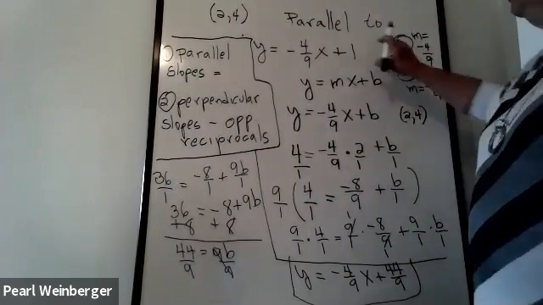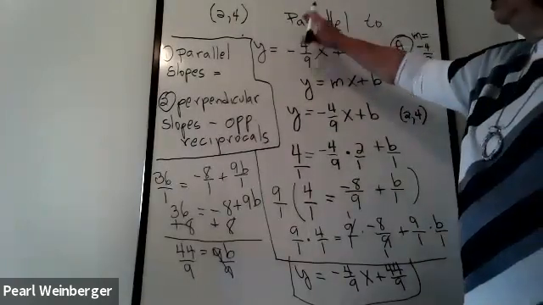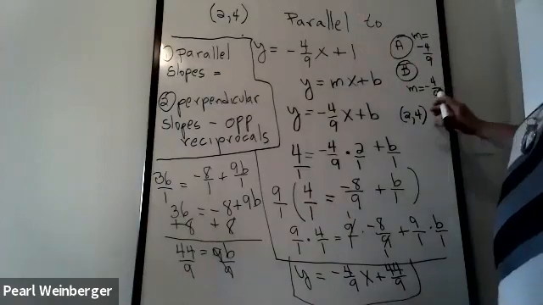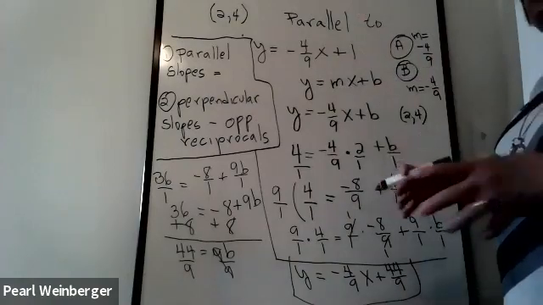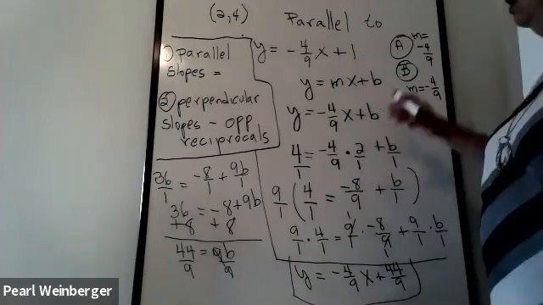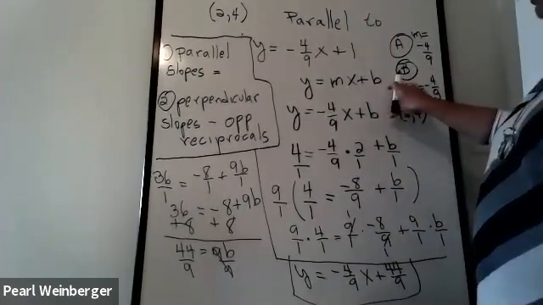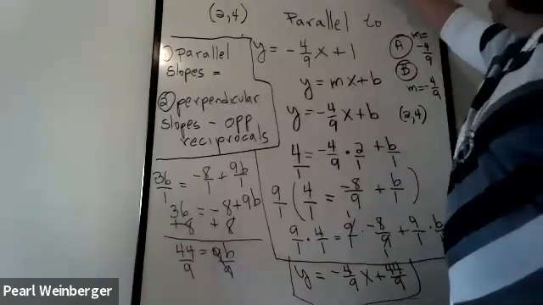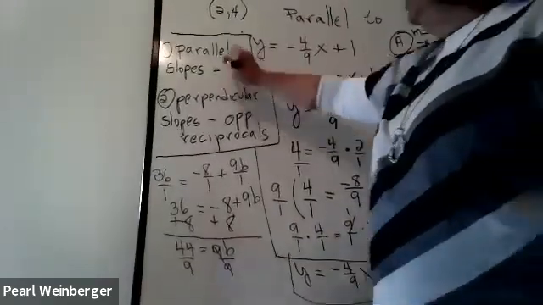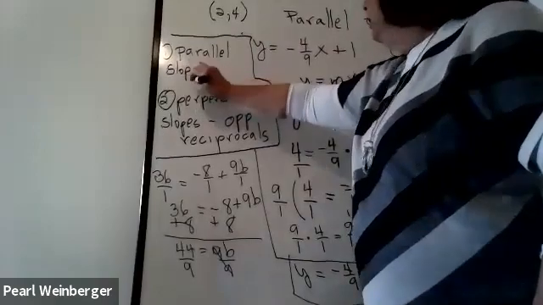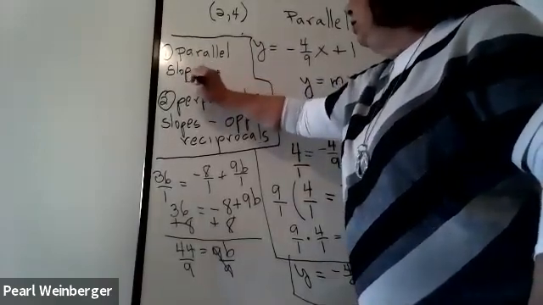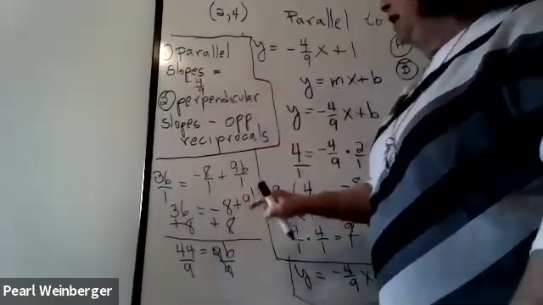Again, the only difference between a question where it says parallel lines and where it says perpendicular lines would be that when you got to your second line, if the lines are parallel, for example, if here the slope was -4 over 9, they both have slopes of -4 over 9.